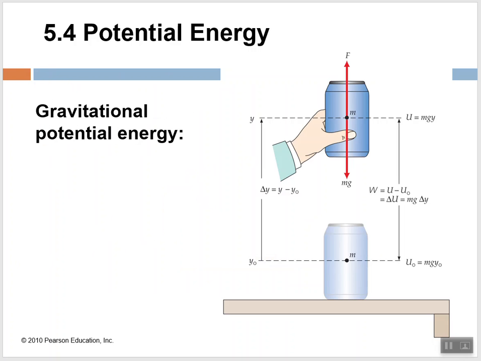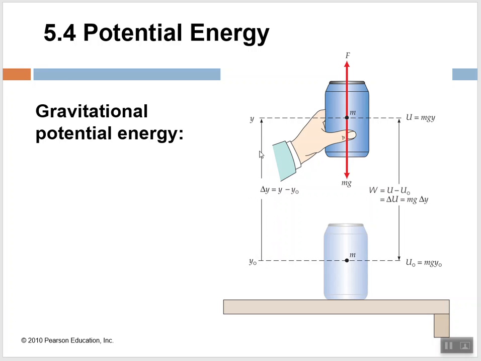Let's talk about gravitational potential energy. In this case, they're telling us there was this can that had mass, gravity is pulling on it, and force is applied to it. Let me backtrack. Originally it was sitting down here on the table. Work is done on this can. There's a force that's applied for some distance, call it delta y.